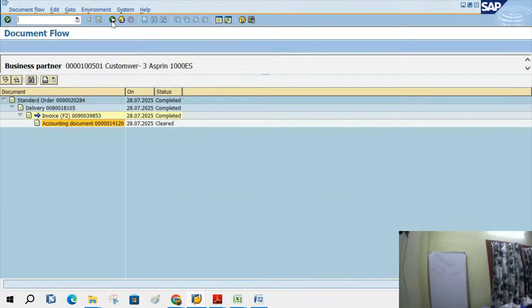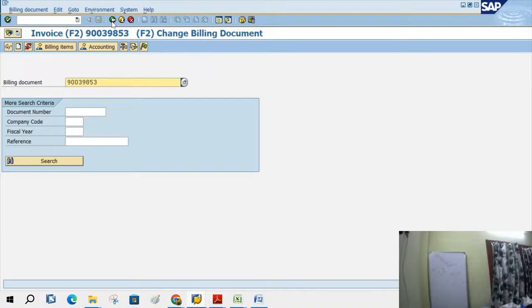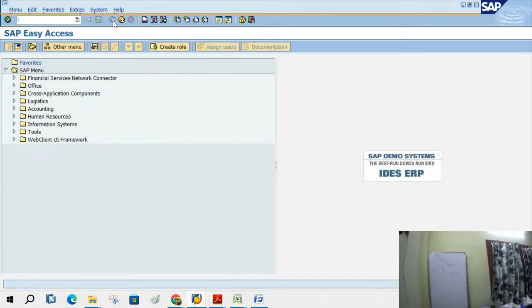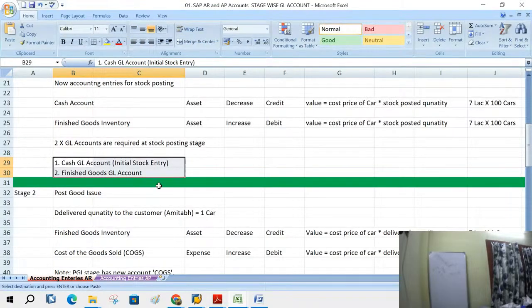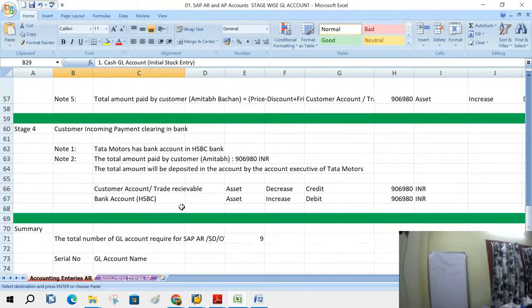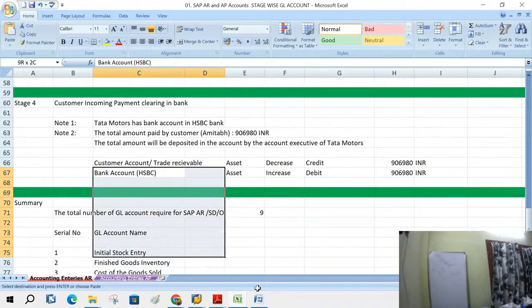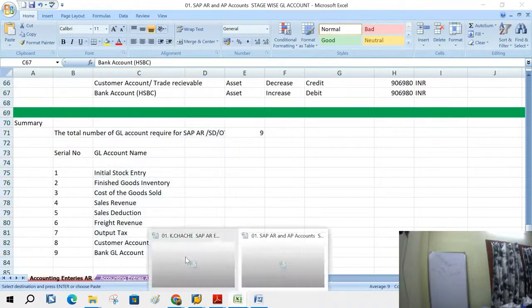And finally, where I am going to clear this amount? I am going to clear in the bank in F-28. Correct? In the bank, when I am going to clear, I am going to enter the bank GL account number 113109. Correct? So, yes or no, Chachi?